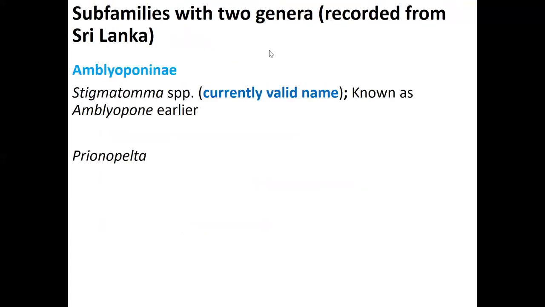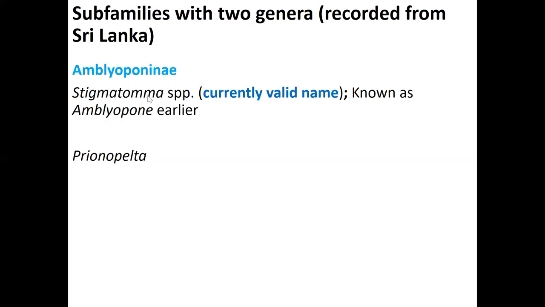Okay, subfamilies with two genera recorded from Sri Lanka. So you find two genera in only one, Amblyoponinae. Earlier, this Amblyoponinae included Amblyopone from Sri Lanka. We found it from many habitats, but later, in a taxonomic revision, it's been recorded as a Stigmatomma species.